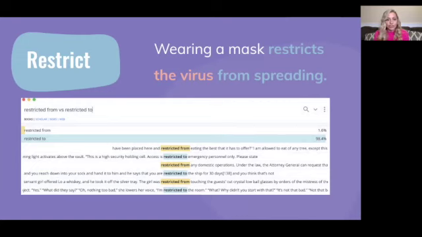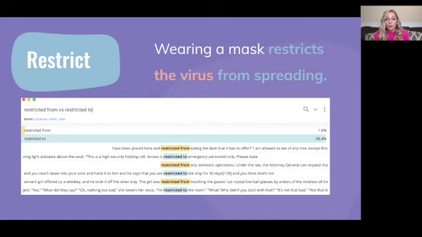And if you notice, we use "restricted from" only 1.6% of the time, whereas we use "restricted to" 98.4% of the time. We haven't talked about "restricted to" quite yet, but as you can see, it is much more common to say "restricted to" versus "restricted from."